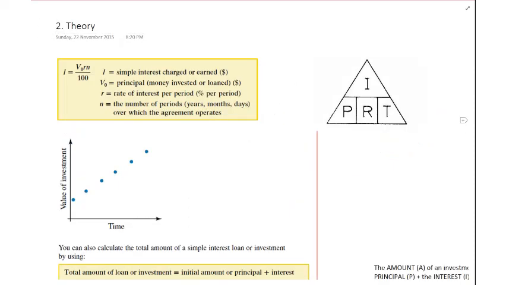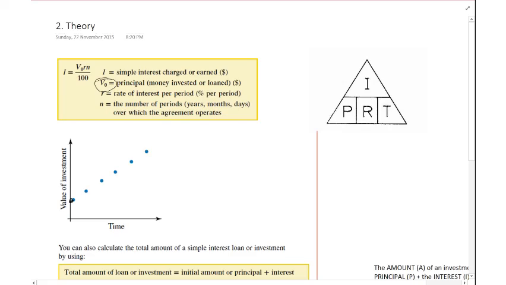Basically, the idea of simple interest is you start off with an amount. I'm going to use this as an example, just showing it graphically. I start off with a certain amount down here, and that's what I call my principal. It depends on your rate of interest per period, the number of times you pay it, stuff like that.